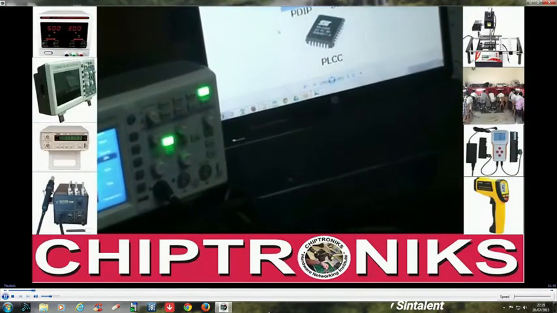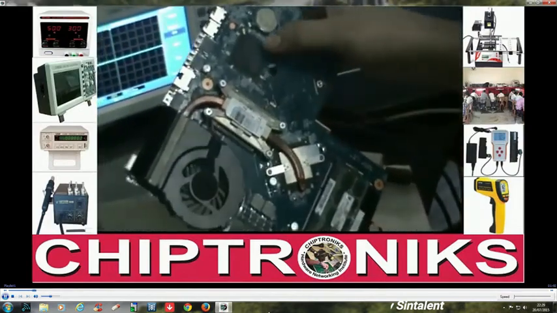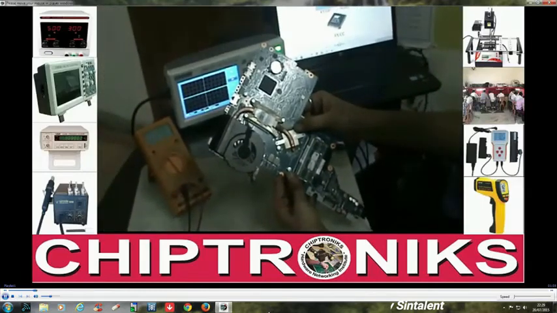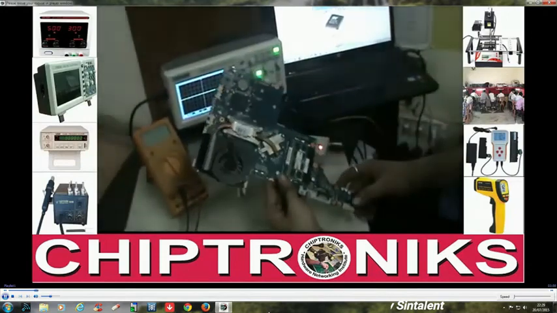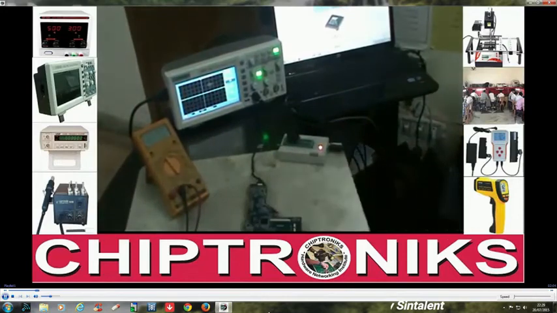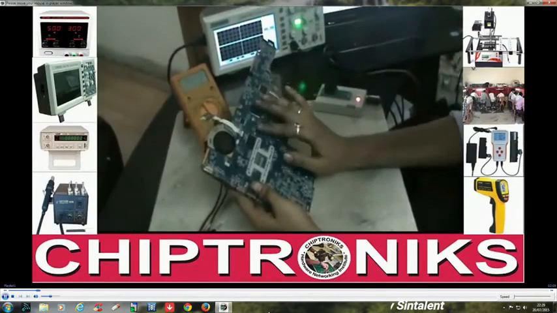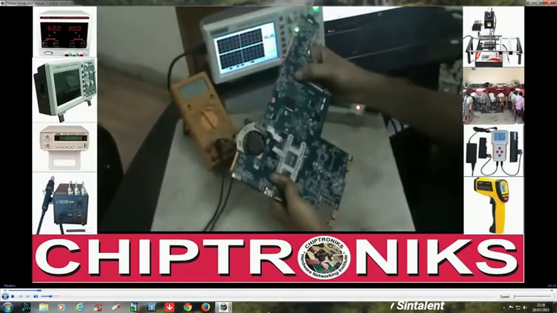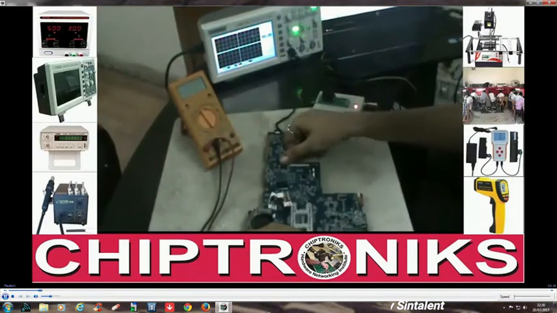This motherboard has ICH and GMCH IC present on the board, and here we see only one BIOS IC present on this board.